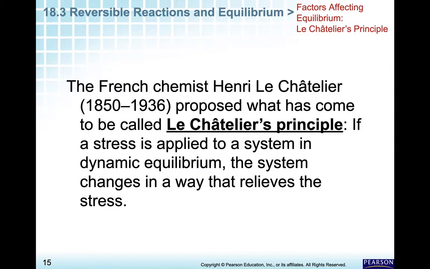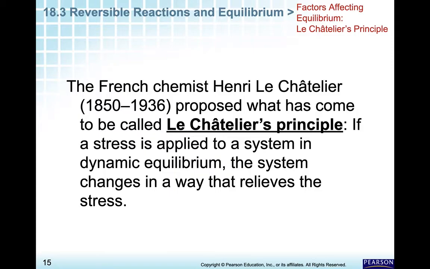Now, this was proposed by French chemist Henri Le Chatelier. He proposed his principle in which he said that if a stress is applied to a system that is already in equilibrium, then the system changes in a way to relieve or mitigate that stress. Essentially, if you try and change a system, the system is going to undo it.